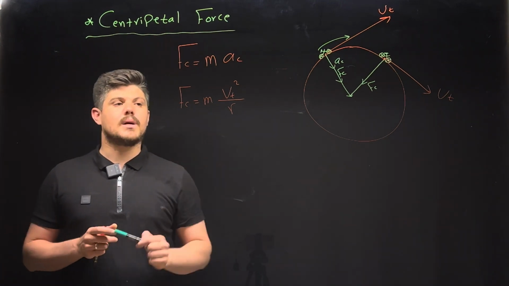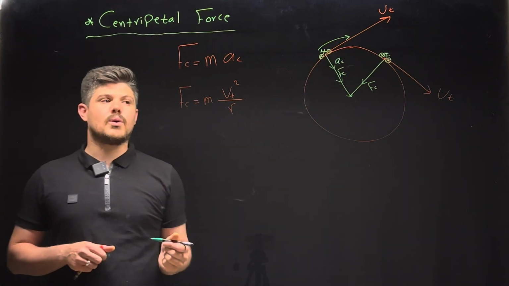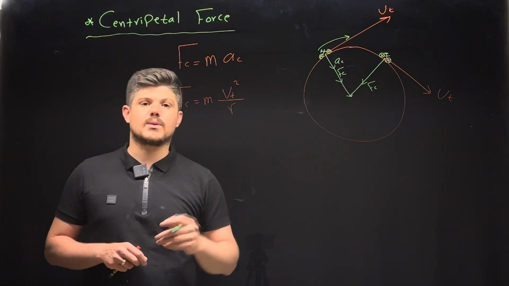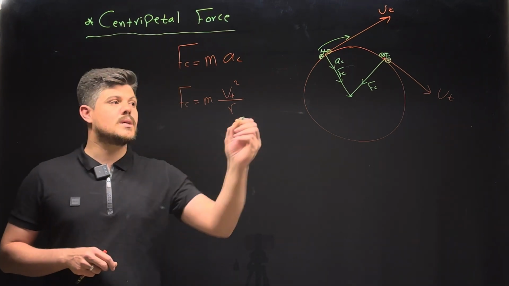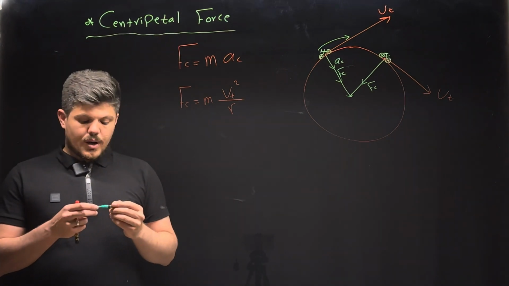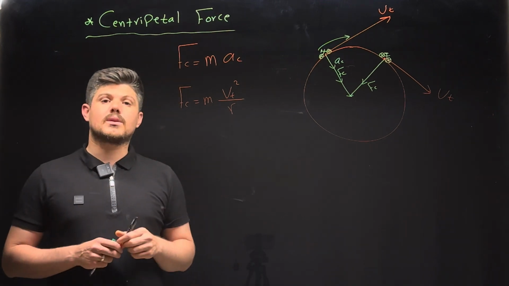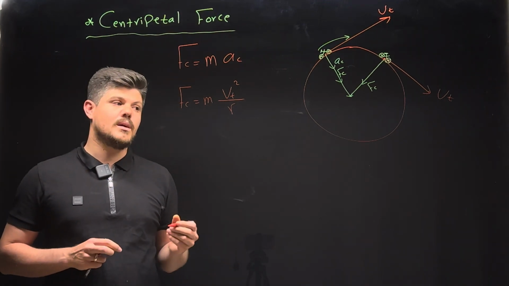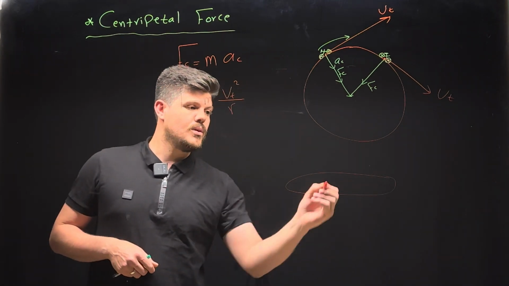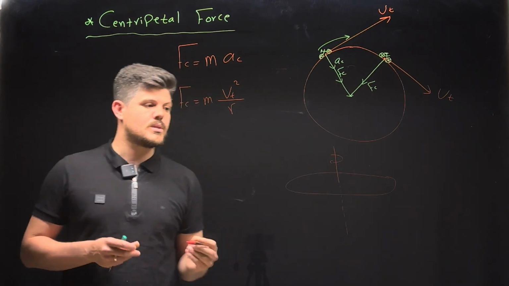m is the mass of the object, vt is the tangential speed of the object, and r is the distance, the radius of the circular path, the distance from the axis of rotation. When an object is rotating, we want to find the centripetal force on the rotating body. For example, this is a merry-go-round, which is rotating or spinning around this point.